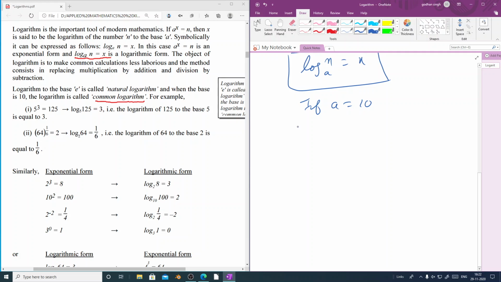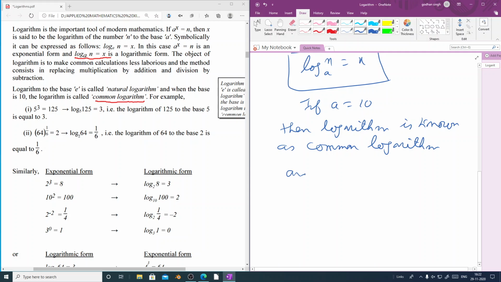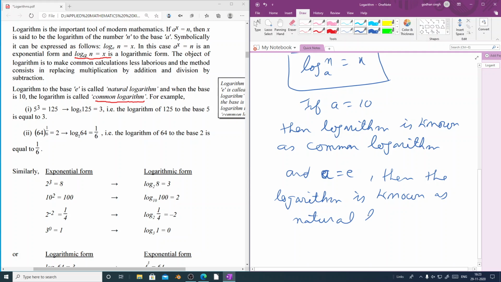So if a equals 10, the logarithm is known as common logarithm, and if a equals e, that is, if the base is equal to e, then the logarithm is known as natural logarithm.